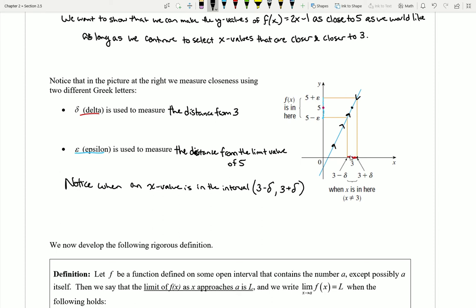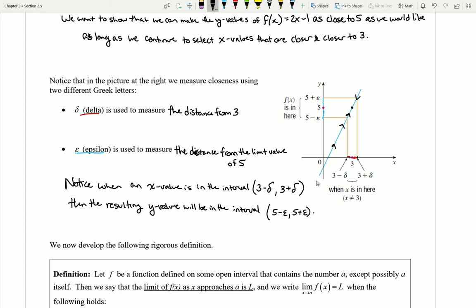If I picked an x inside of this space, any x at all, then the resulting y value that goes with that x will be in the interval of 5 minus epsilon to 5 plus epsilon.